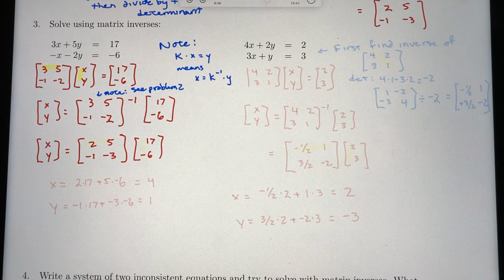And remember, it's always, always, always rows with columns. So x is 2 times 17 plus 5 times -6, and y is -1 times 17 plus -3 times -6. Comes out to 4, 1.